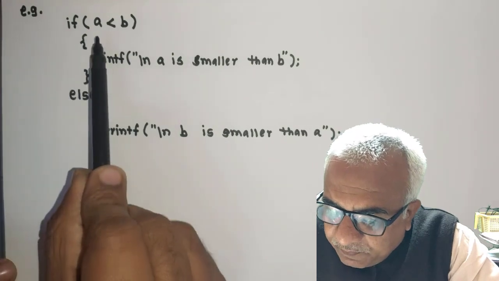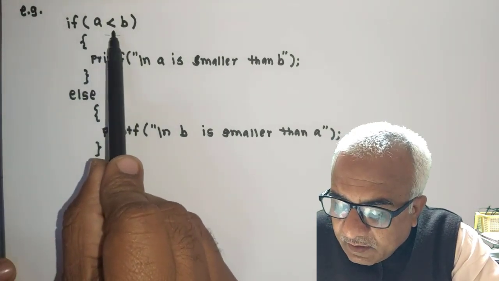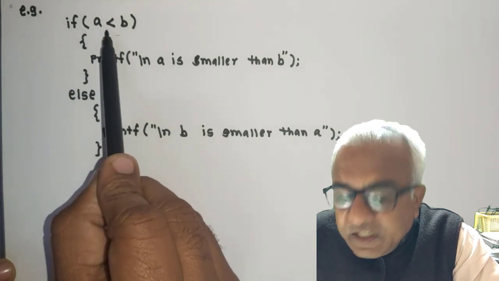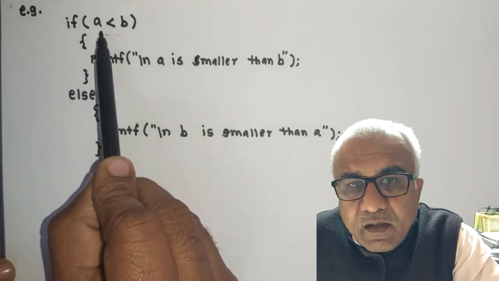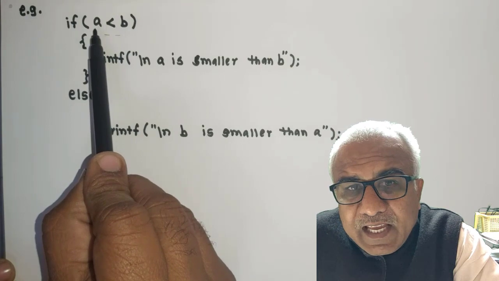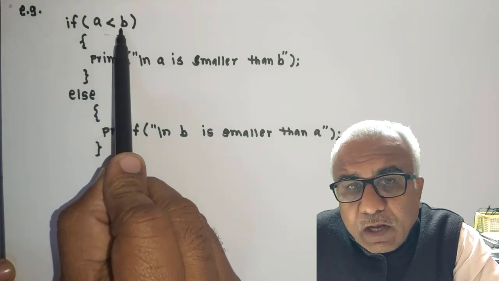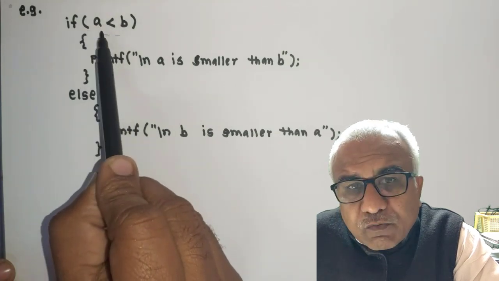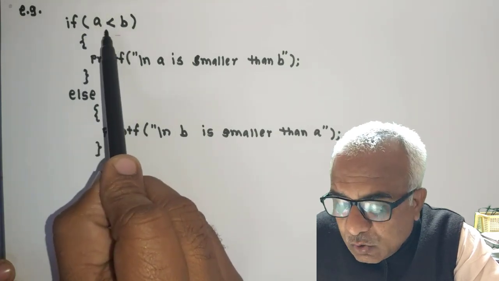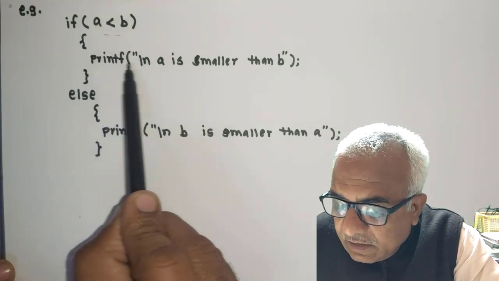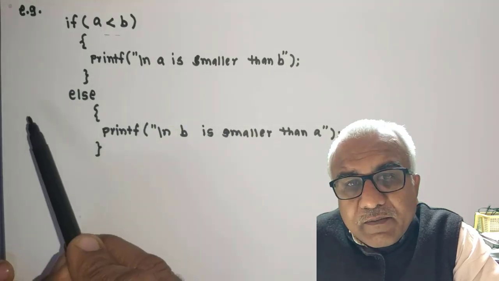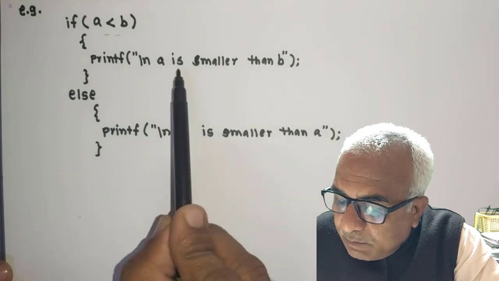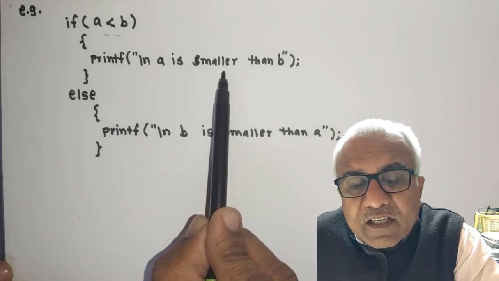So see here, this is a test condition. When this statement is encountered, this condition is tested. If the actual value of A is less than the value of B, then this condition is true, and the true block is executed. That is, "A is smaller than B" is displayed on the screen.